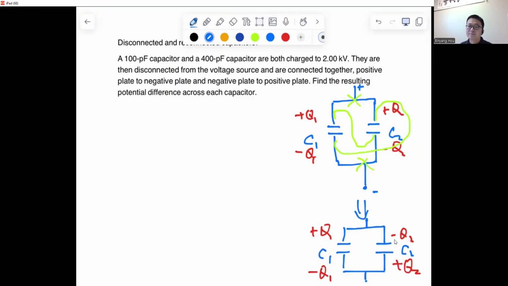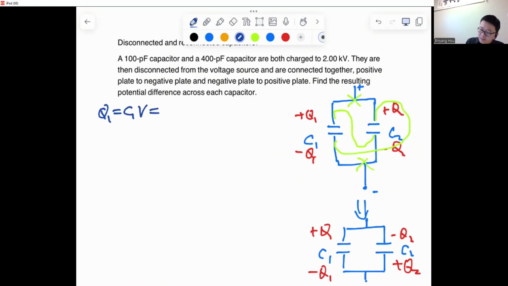So the question is, which one has bigger magnitude, Q1 or Q2, right? We can calculate that and then we will see what's the case. Let's do that first, okay? So Q1 is C1 times V initially given.